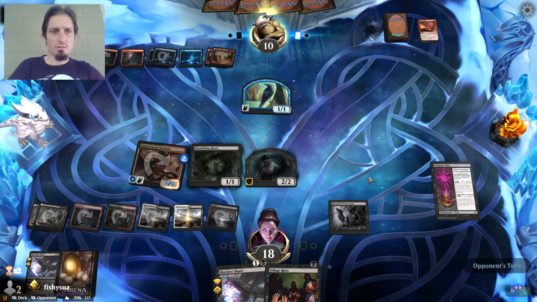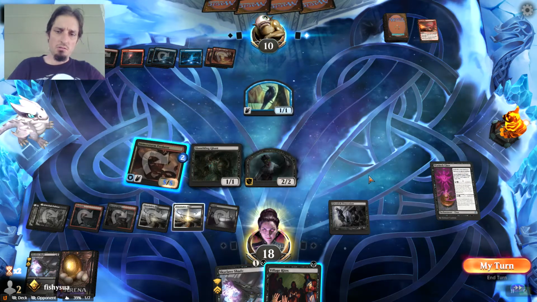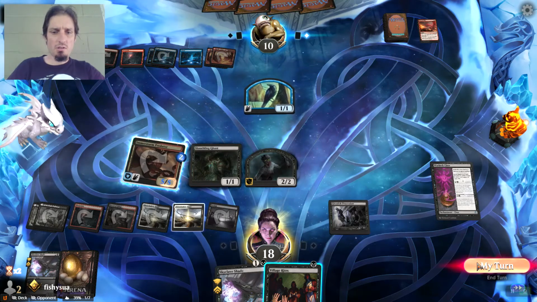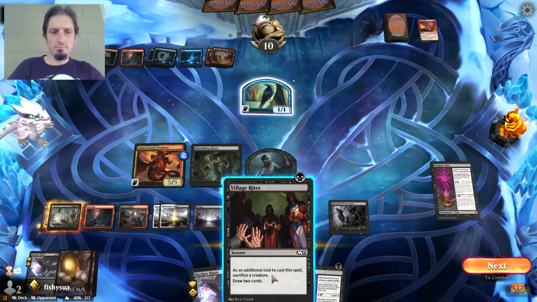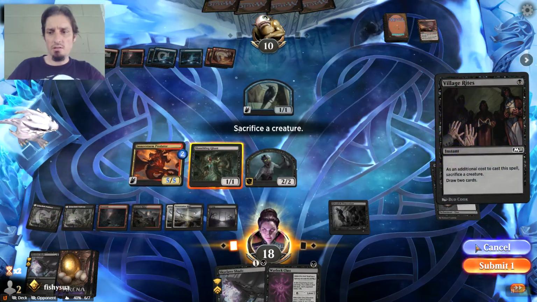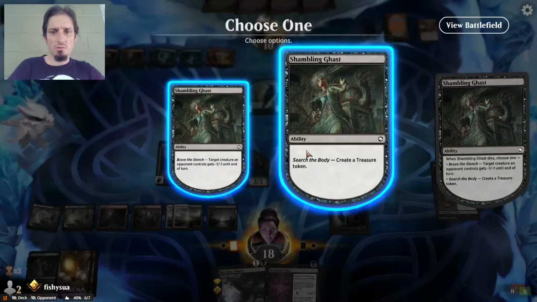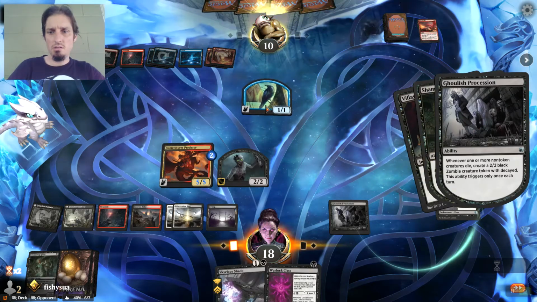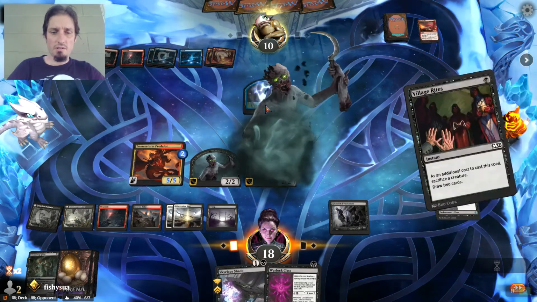No attackers. Okay. I think we just go to my turn. Village writes the Ghast. This way we get a token out of this too. Kill the flyer. This Predator does work, doesn't it?